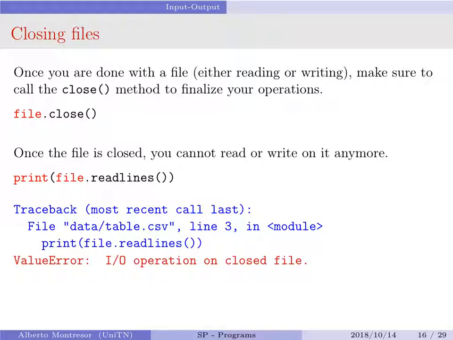As soon as you're ready, you close the file. While you're writing, it is possible that what you write is not written on the disk, and the reason is performance. Whenever an operating system receives a request for writing something to a file, it may wait a little bit to see if there is something else to write to the file, and then perform a single write operation.